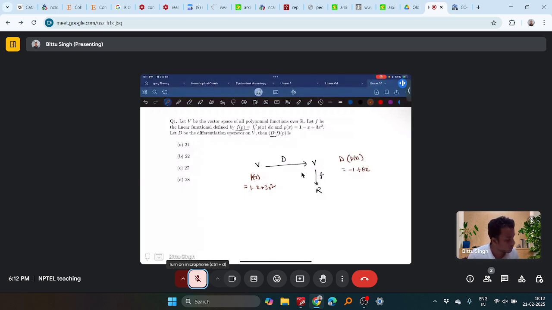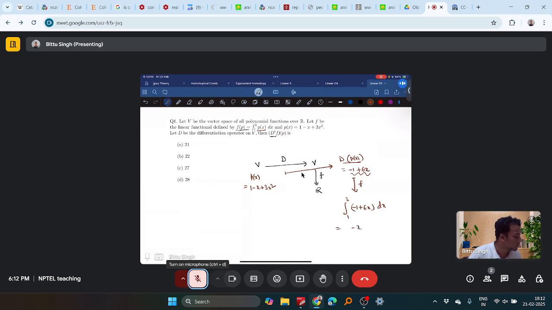Now we apply f, right? So f is defined by taking integration. We'll integrate this Dp by definition. So it is the integral of minus 1 plus 6x from 1 to 3 dx.